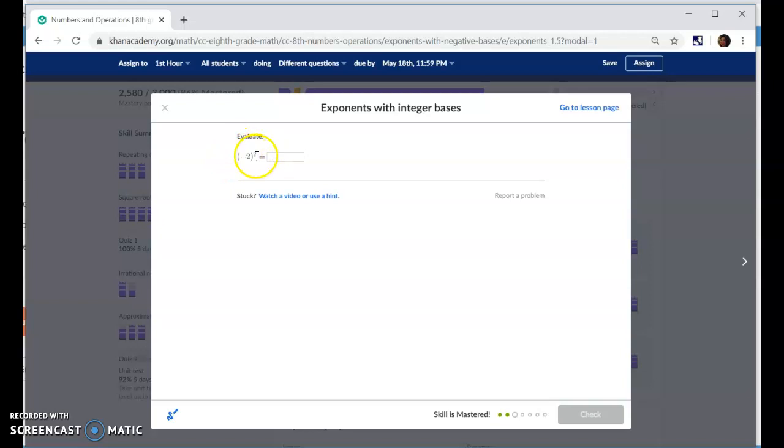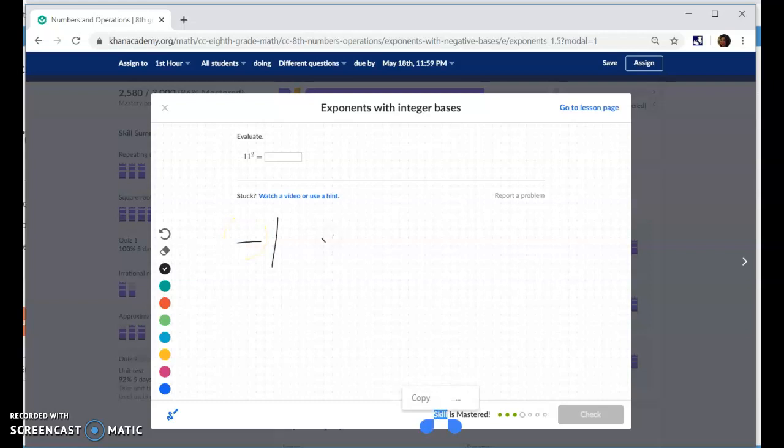This right here, -2 to the 2nd power is 4. And let me see if I can get one that's a little bit different here. Okay, this is a good one here. Let me just show you how this works. Essentially, this is what it looks like: -1 times 11 times 11.